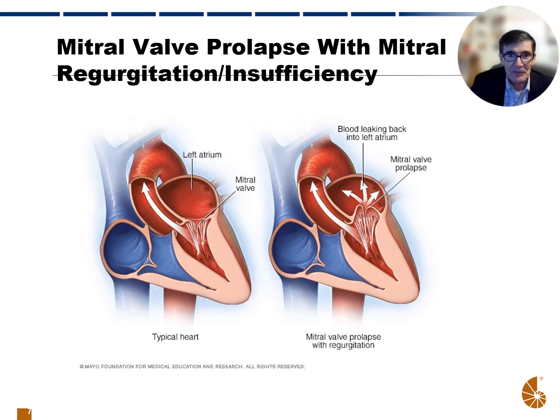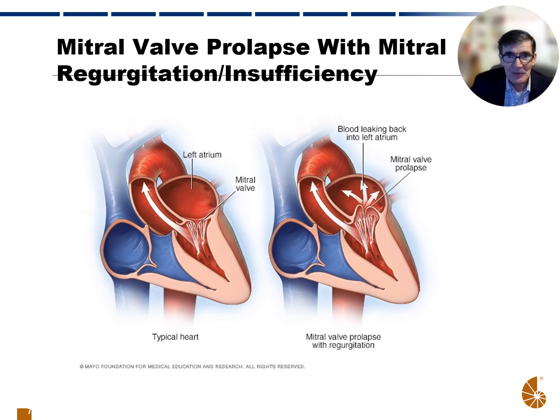Just to give you a little further color on the mitral valve prolapse, to the left is a typical heart with the attachment of the mitral valve as it normally is structured. So blood flows from the left atrium through the mitral valve to the left ventricle.